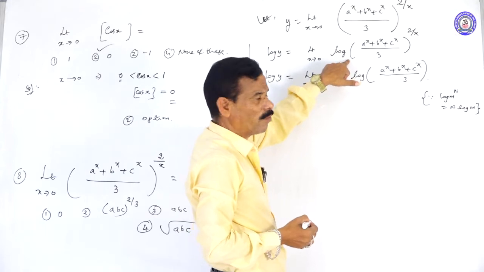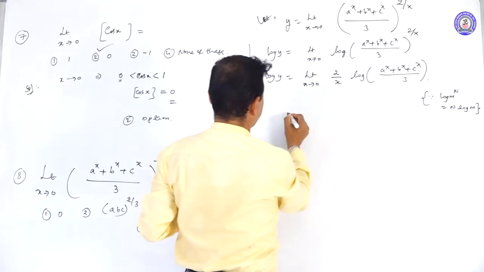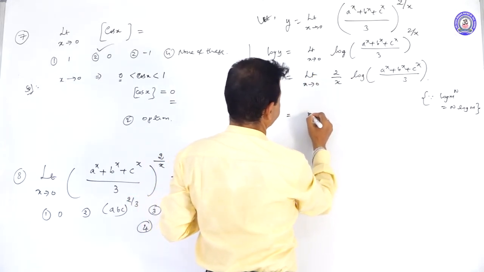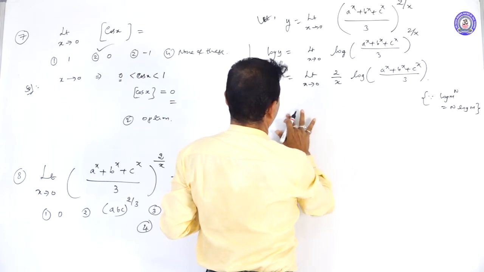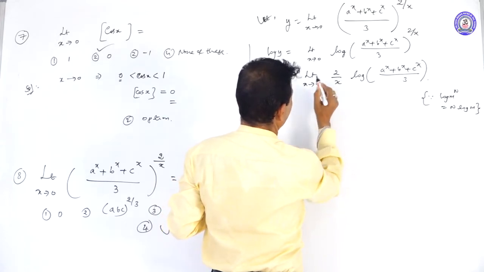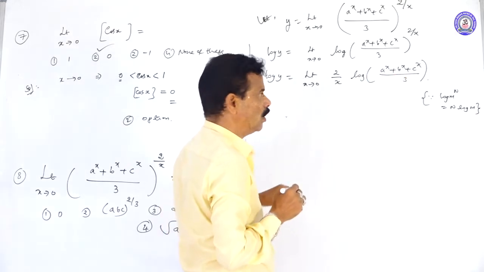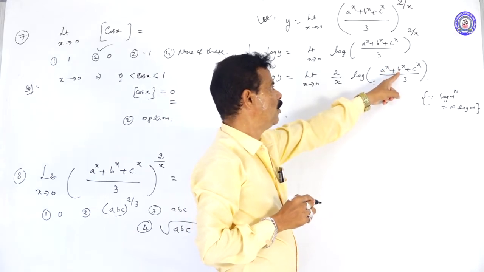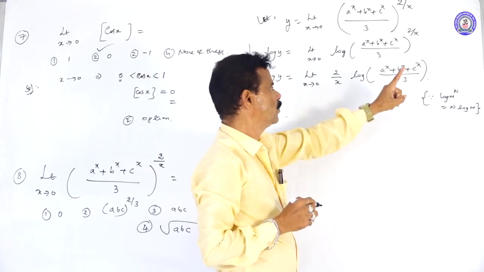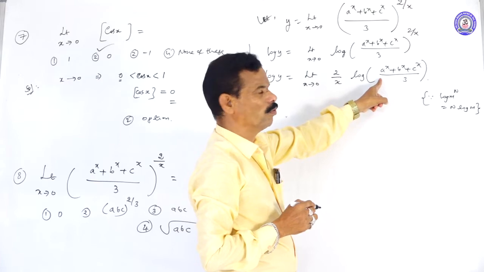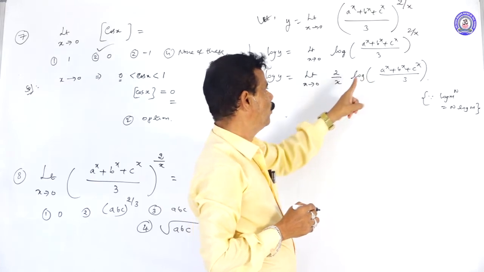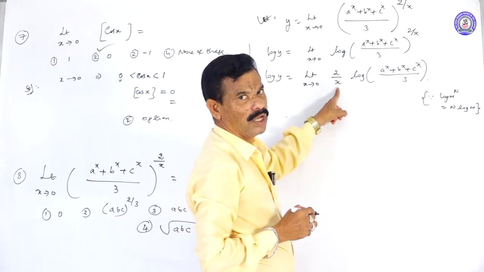Now apply 0: a^0 is 1, b^0 is 1, c^0 is 1, so (1 + 1 + 1)/3 is 1, and log 1 is 0. The numerator value is 0, and the denominator value is also 0.